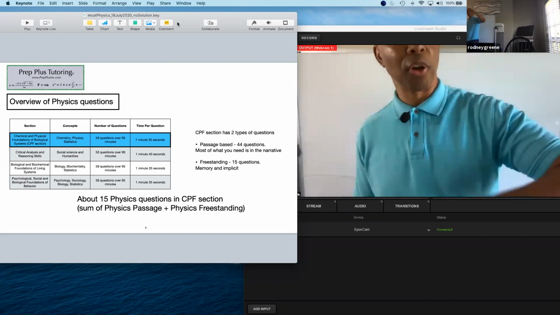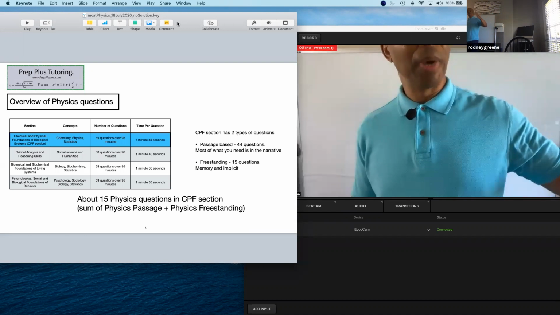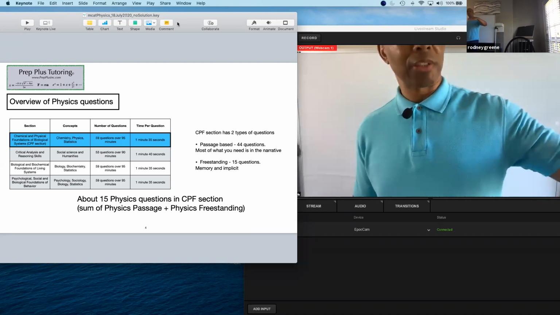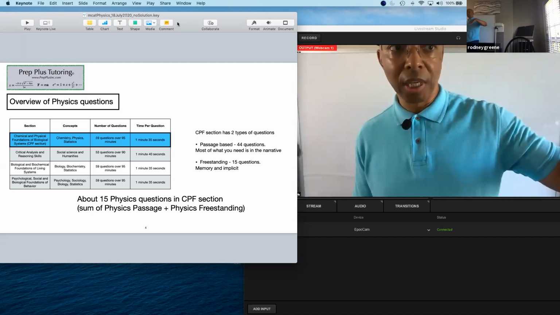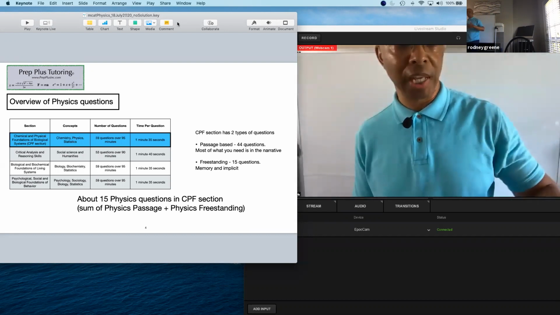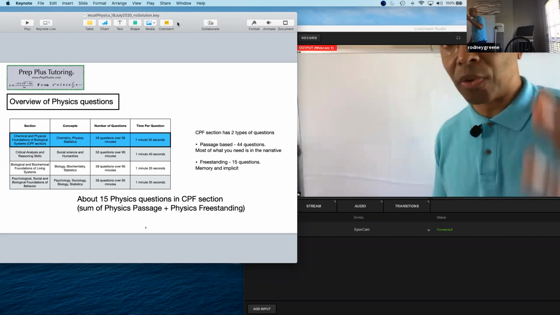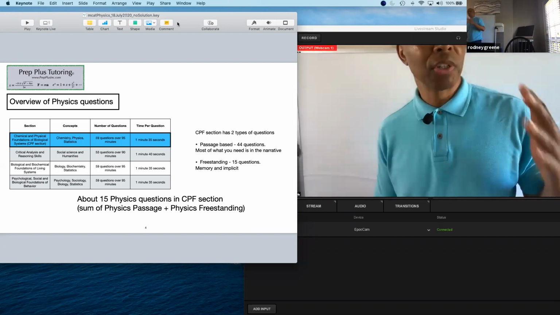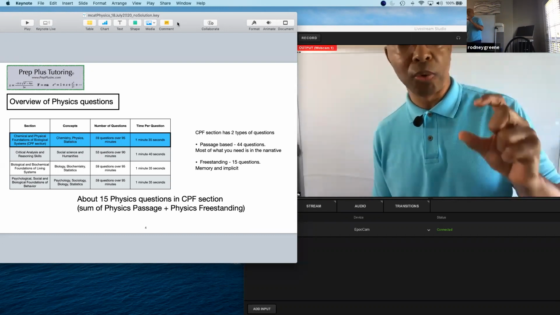That's for the whole section, but the physics section is only 15 questions, and it's a mixture of passage questions and freestanding questions. So again, you've only got 1.5 minutes to do an individual question.